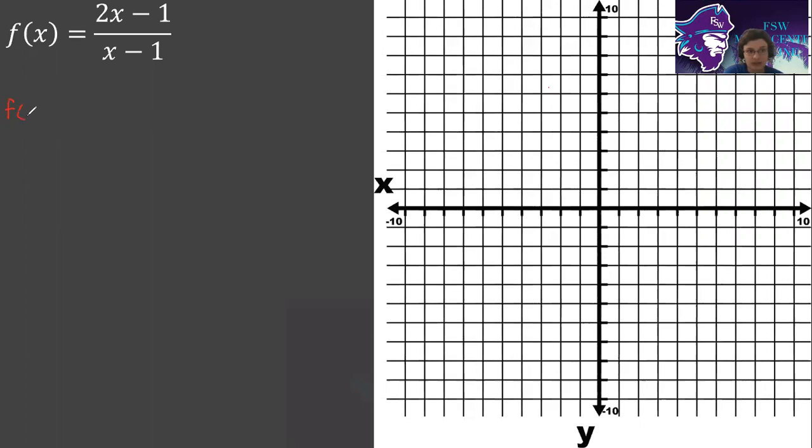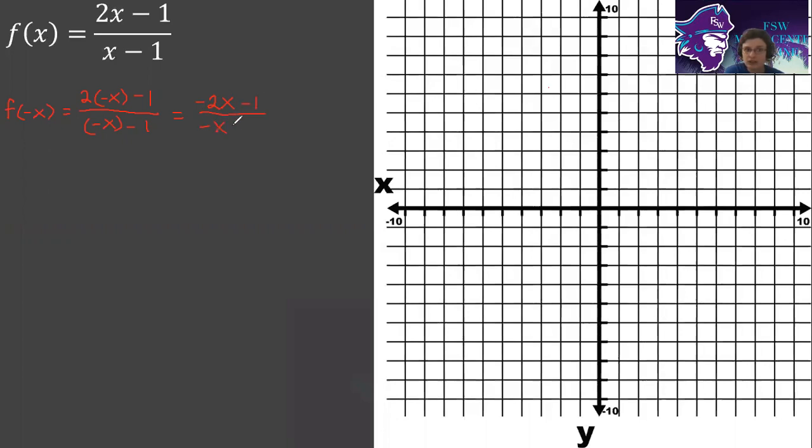And so I want to find what happens when I plug negative x into this function. Each x gets replaced by negative x. And when we further simplify it, our function ends up looking as follows.